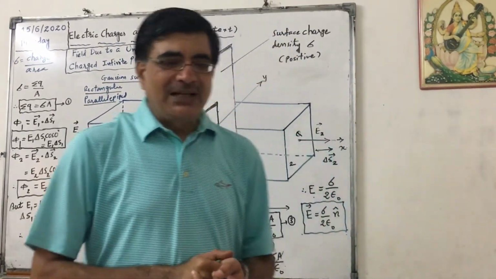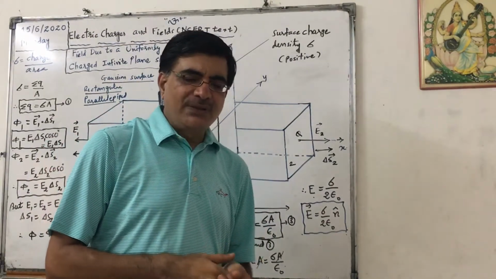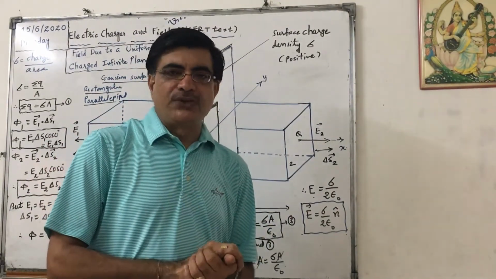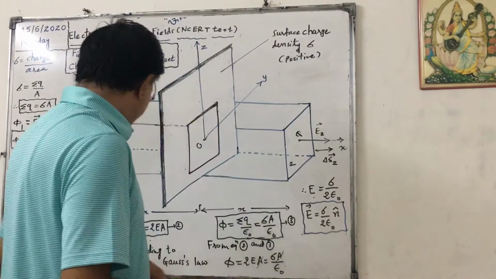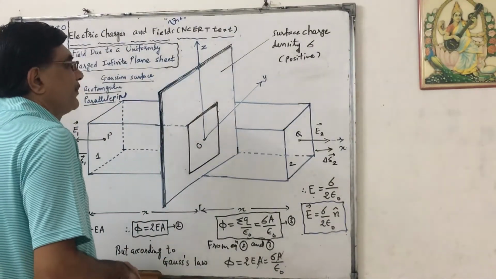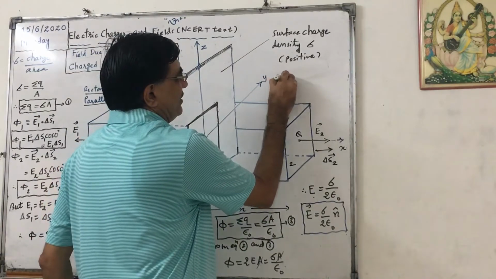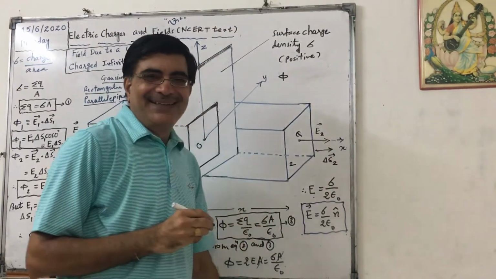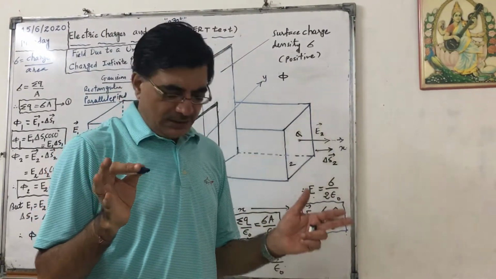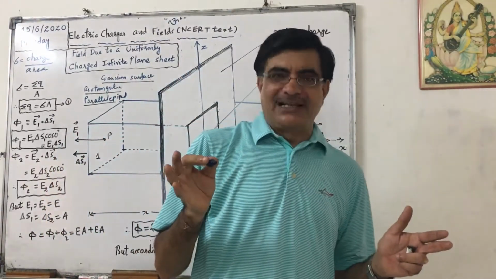But let us recall the mathematical expression of Gauss's law. We know that it is about flux, and flux is the total number of electric field lines.